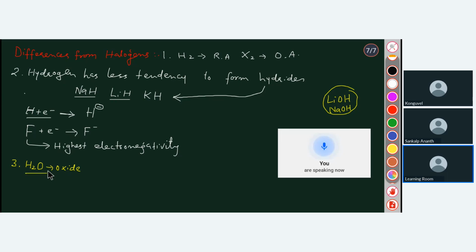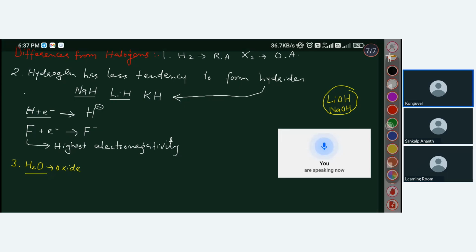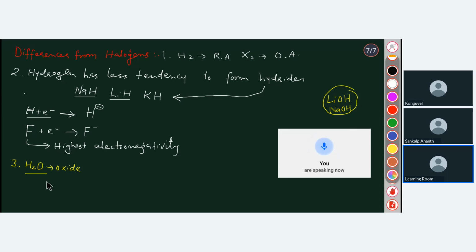Hydrogen forms the oxide water, so water is the oxide of hydrogen. Is H2O an acidic oxide, neutral, or basic? It is neutral. Water is a neutral oxide, right? Yes, sir. It's not acidic. Exactly.